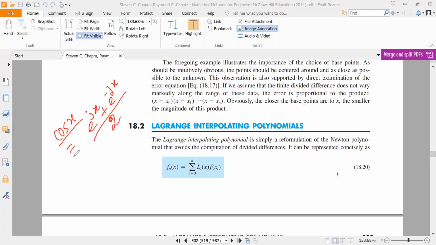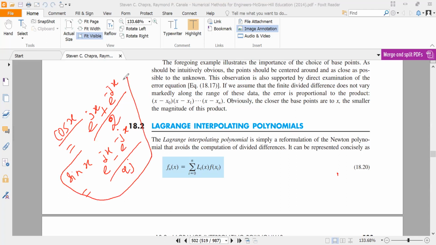And if you have sin x, this is equal to what? e to the power jx minus e to the power minus jx. Yes, if you have this, cosine functions can be represented by exponential functions with complex argument.